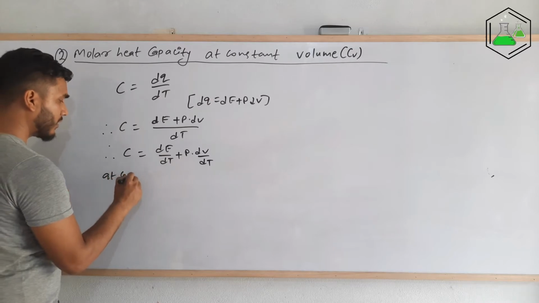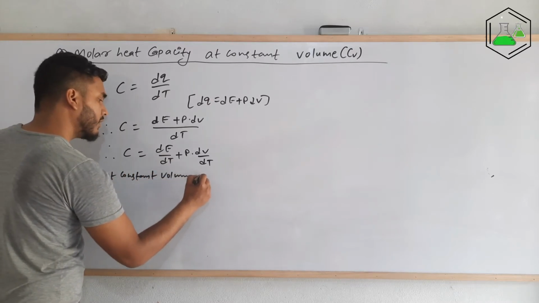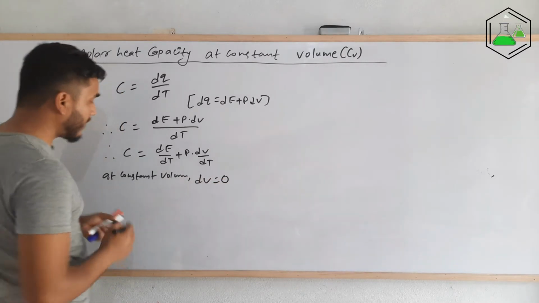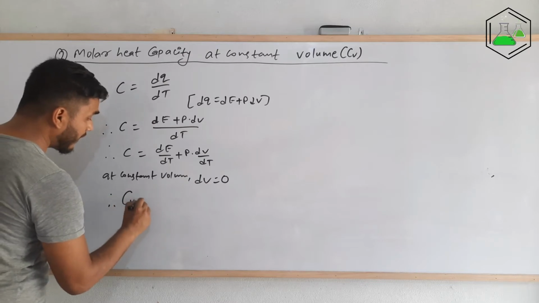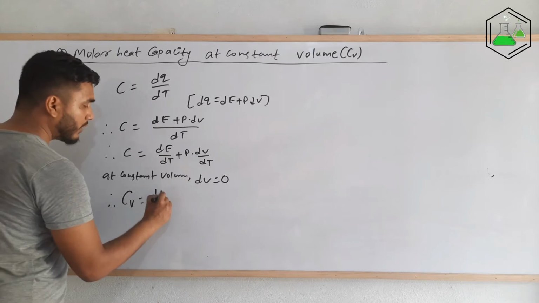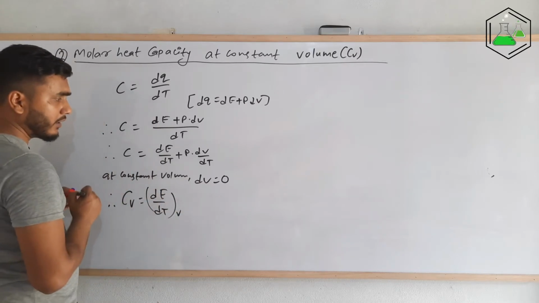At constant volume, dV will be equal to how much? 0, right? The volume will not change. Then it becomes Cv, that is molar heat capacity at constant volume, is equal to dE by dT at constant volume, right?